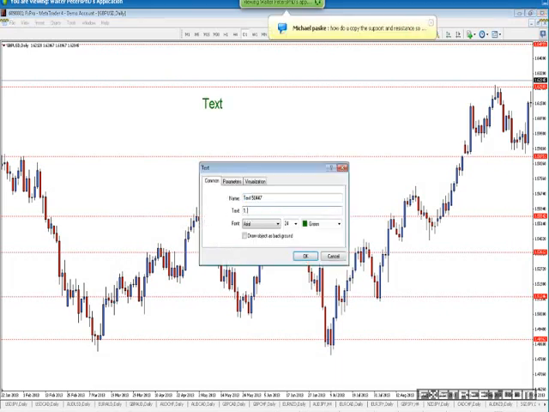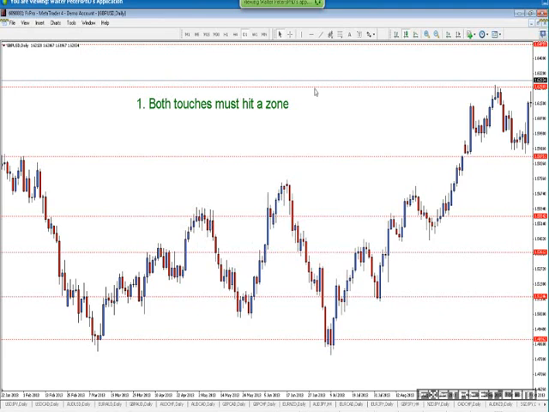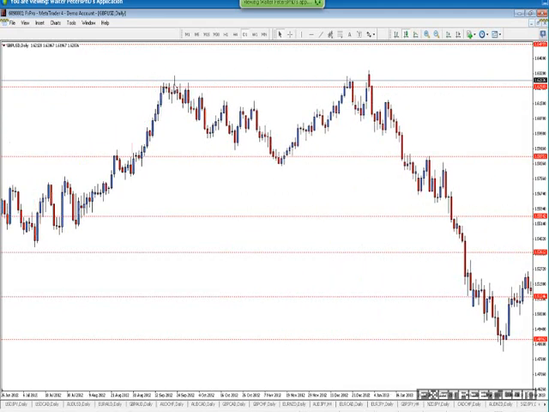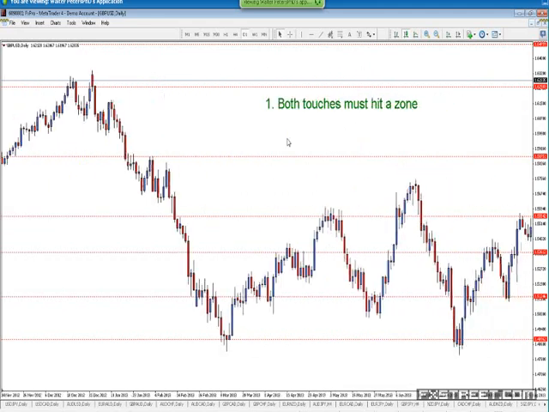Number 1, both touches must hit a zone. A zone is defined as a support and resistance level. Obviously, this is a zone because we found resistance here before, and we found resistance here before as well.